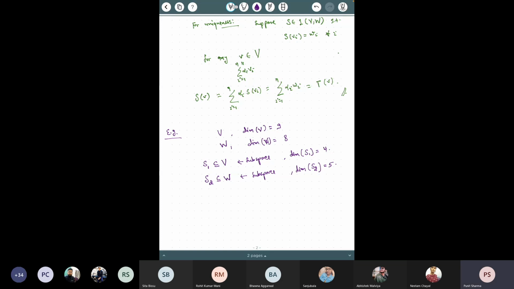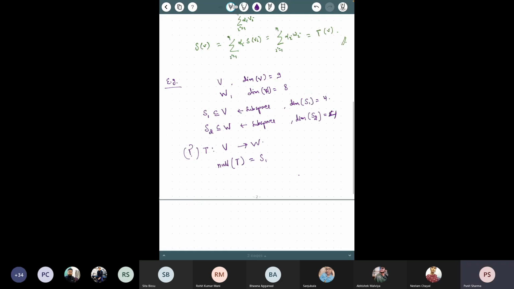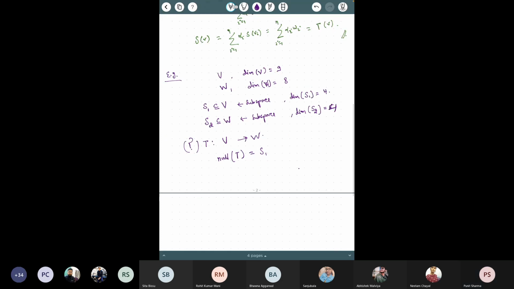Now can you define a linear transformation T from V to W? First you tell me this: such that the null space of T is equal to S1. So this is the first question. Now what is your answer here? If you say yes, you will have to give a transformation here.